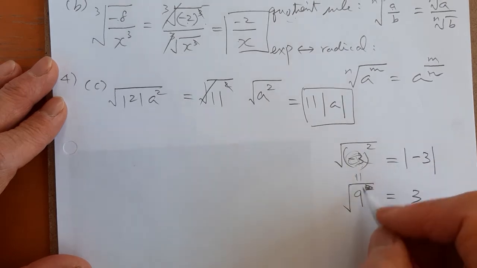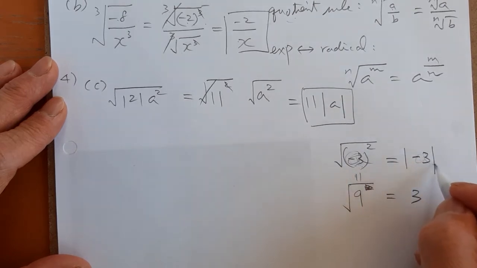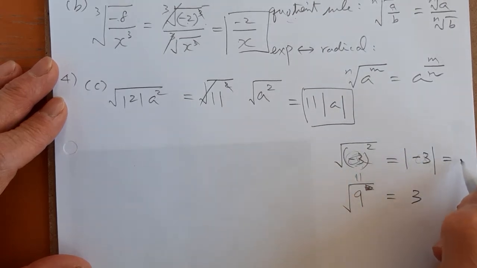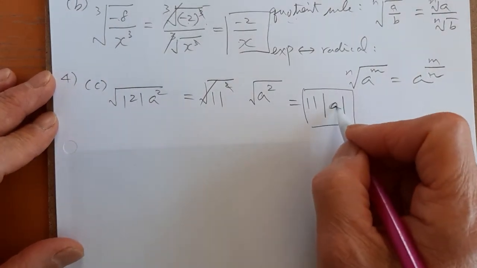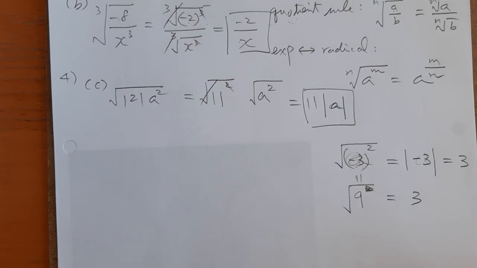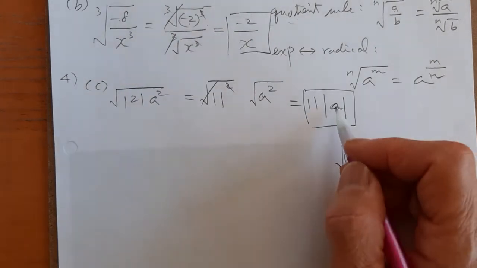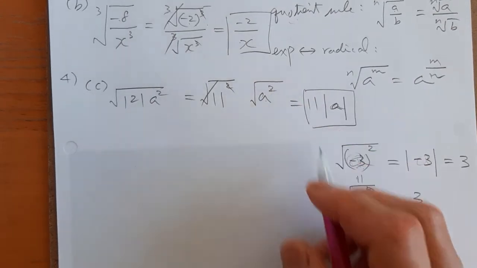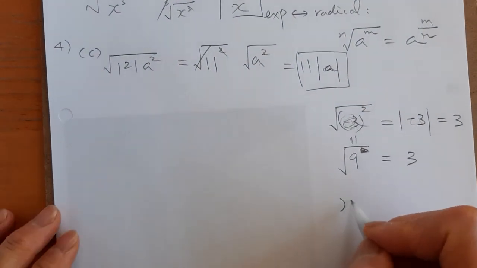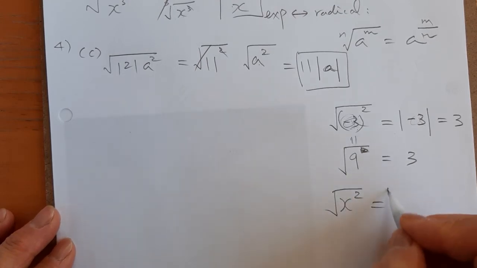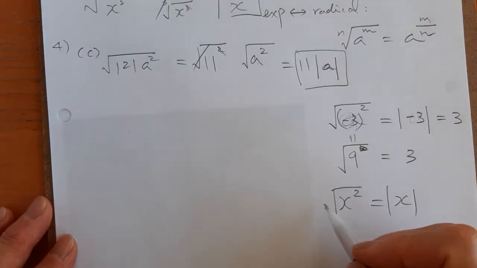If this is negative 3, take absolute value, it becomes positive 3, a positive number. So a here represents any real number, including negative. So this a squared, take square root. Any number you square, then take square root, it should be the absolute value.